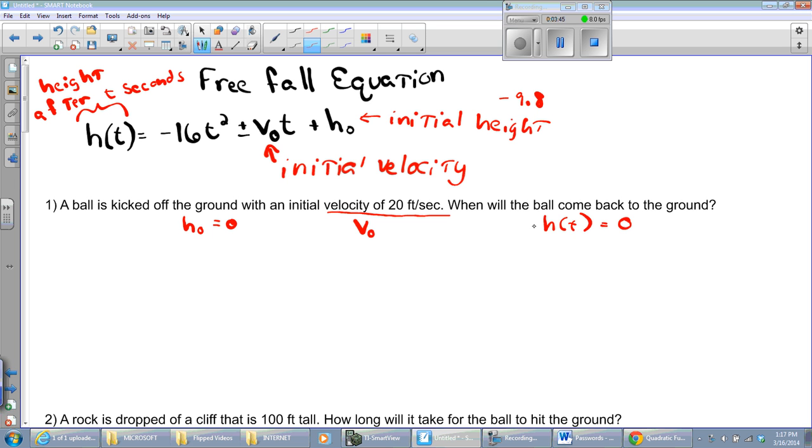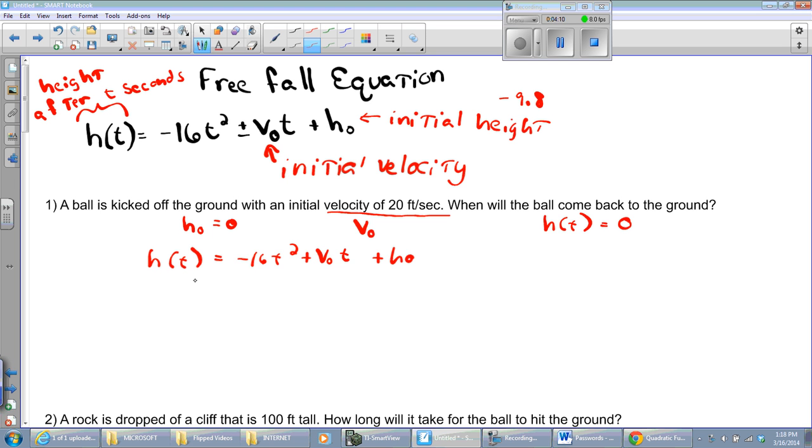I don't know what t is. So I'm going to set this equation up. I'm going to go h of t. It's going to equal negative 16 t squared, plus 20 t, and then plus h of 0. I guess I should have put v sub o t there.